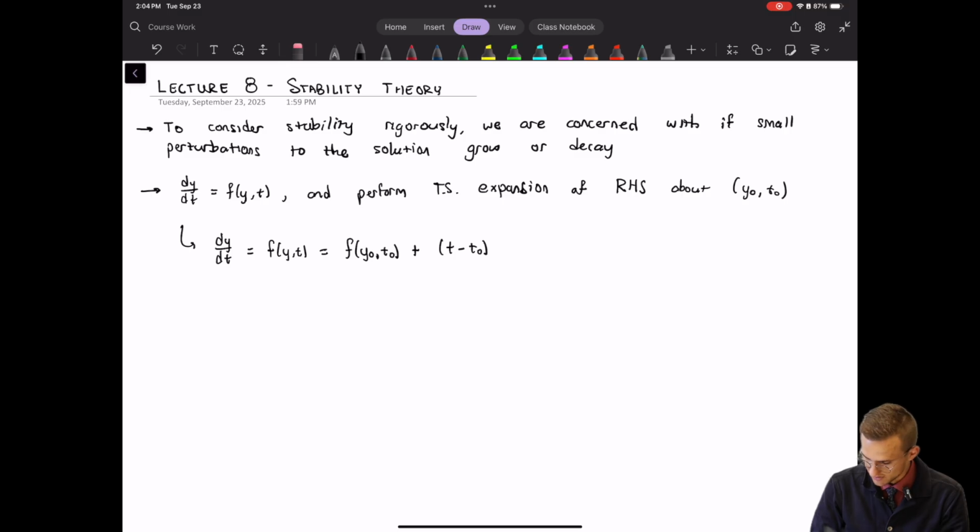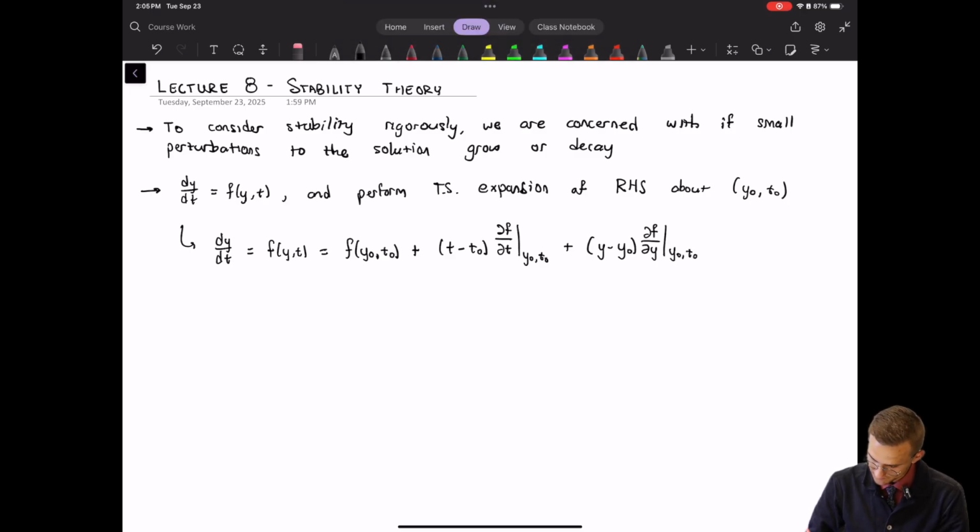We have t minus t naught times the partial derivative of f with respect to t, evaluated at y naught, t naught, plus the linear term in y, y minus y naught, times the partial derivative of f with respect to y, evaluated at y naught, t naught.